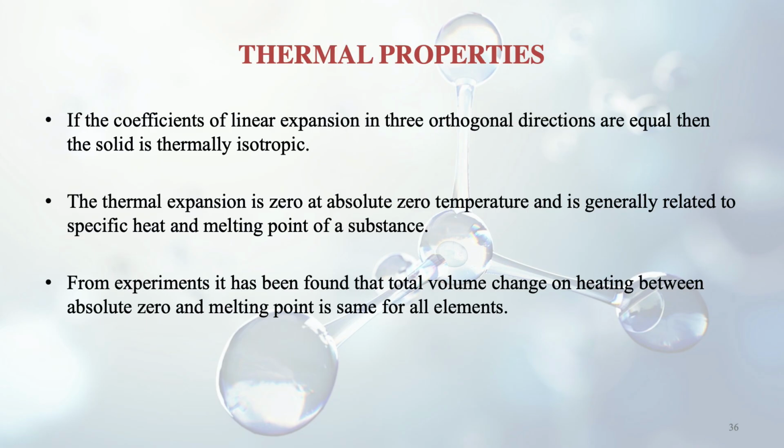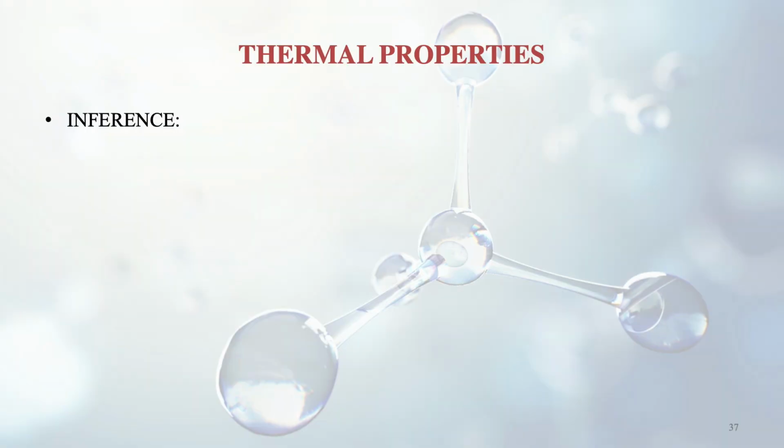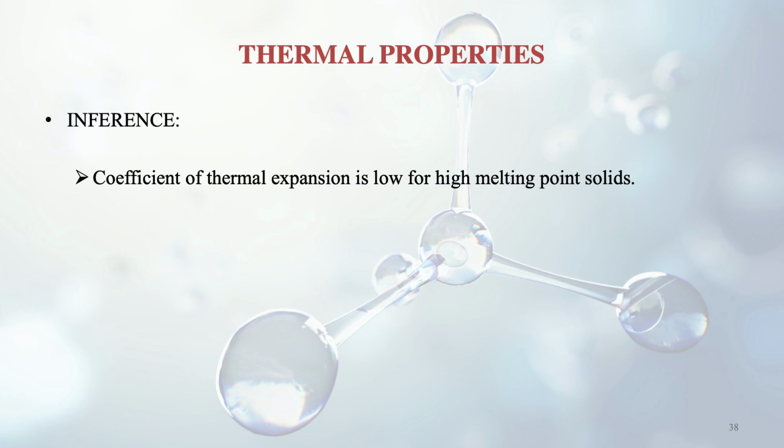From certain experiments, it has been found that the total volume change on heating between absolute zero temperature and the melting point is the same for all elements, whatever the element may be. So what inference can we draw? The inference is that the coefficient of thermal expansion is low for high melting point solids and vice versa.